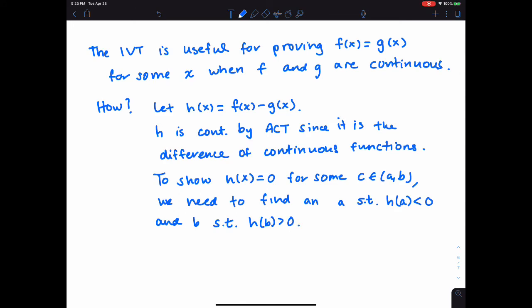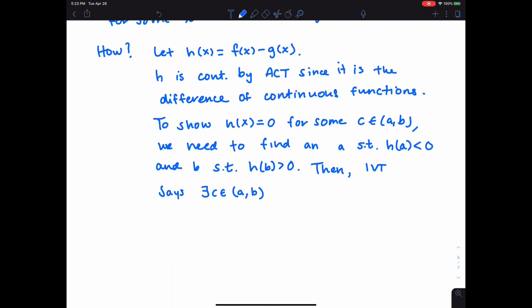If we can do that, then 0 is playing the role of L in our statement of the IVT, and the IVT would say that there has to exist some c in between a and b. Without loss of generality, I'm going to assume that a is less than b here. It could be the other way around.